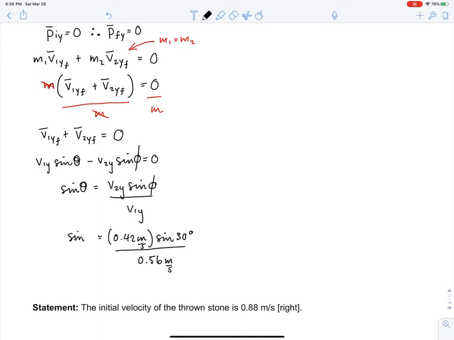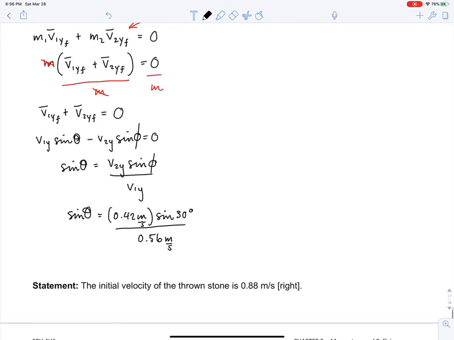So sine theta is equal to 0.42 times sine 30 divided by 0.56. We can solve for theta. Theta, therefore, is equal to the inverse sine of 0.42 meters per second times the sine of 30 divided by 0.56 meters per second.